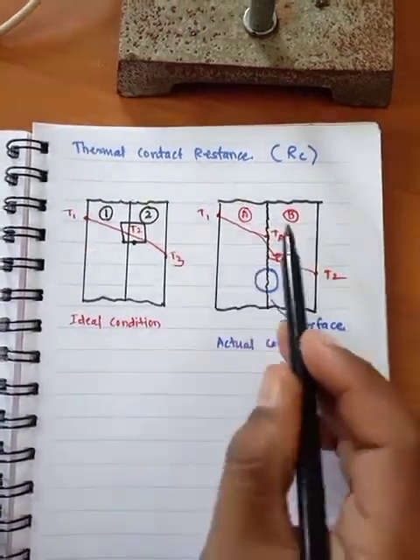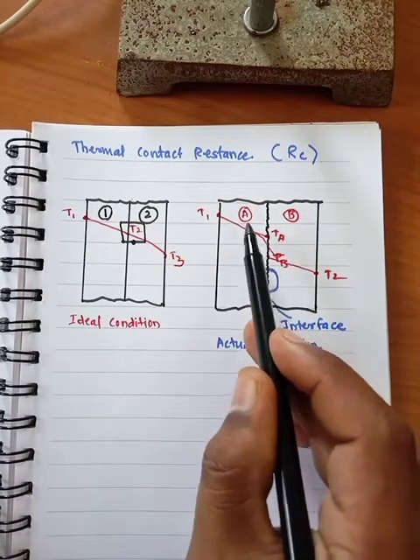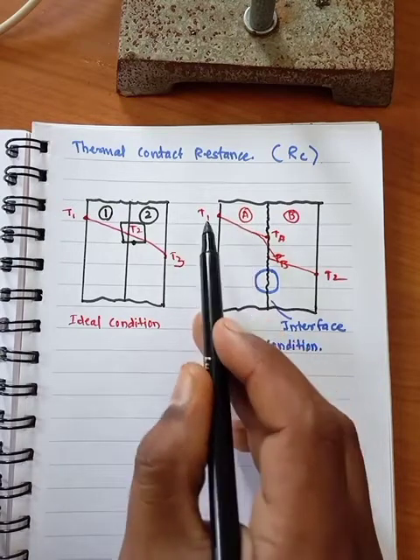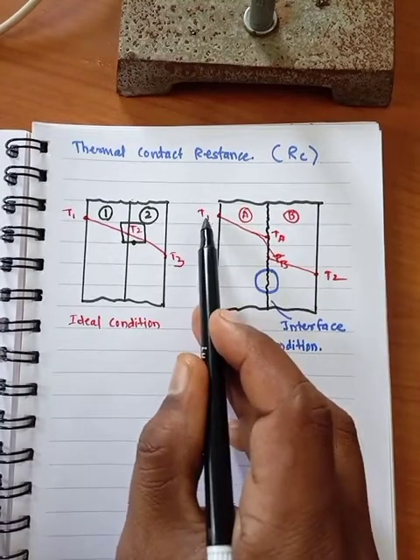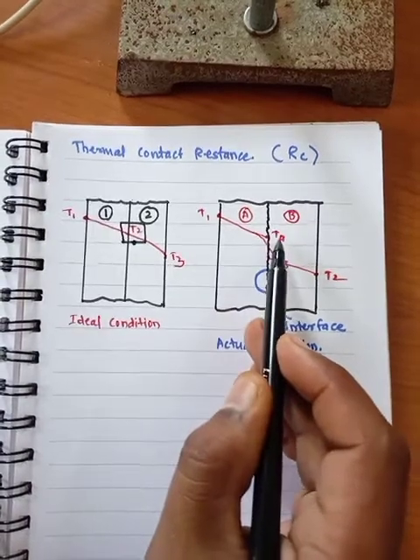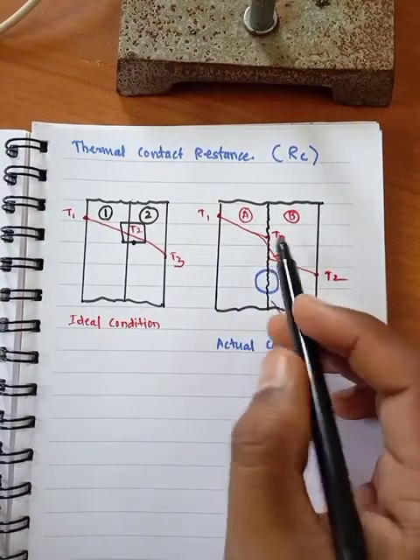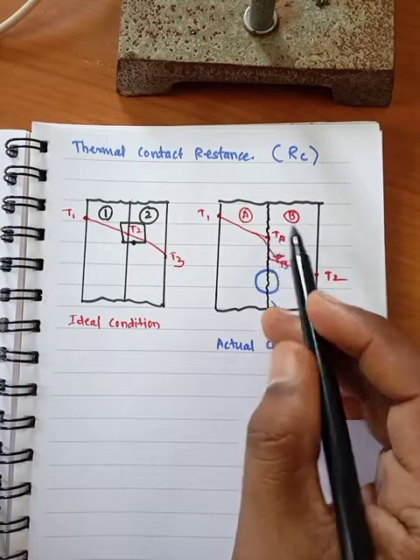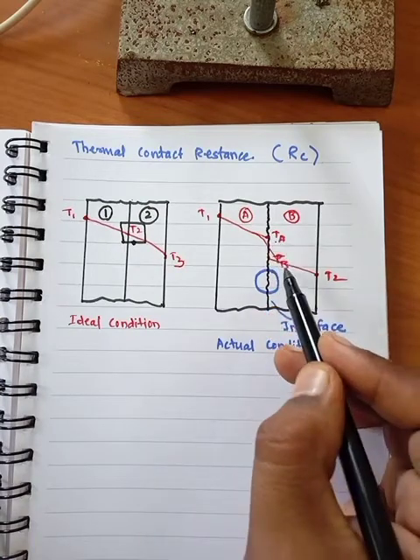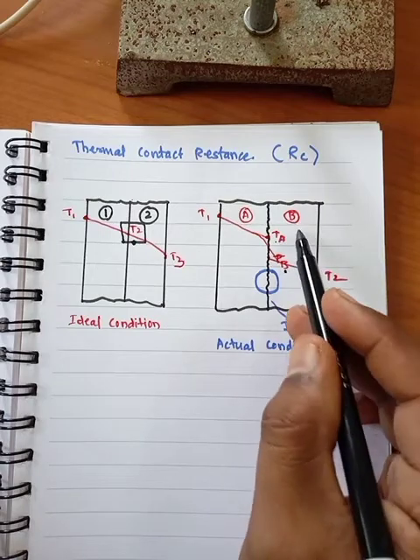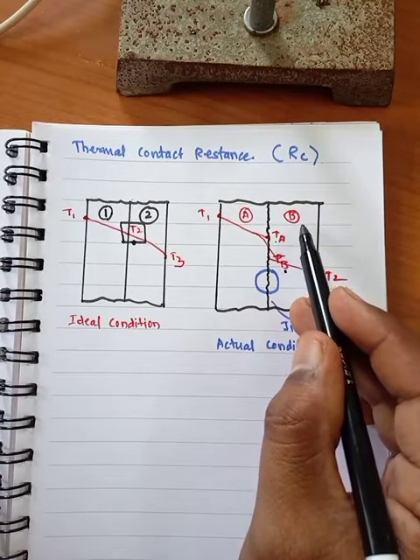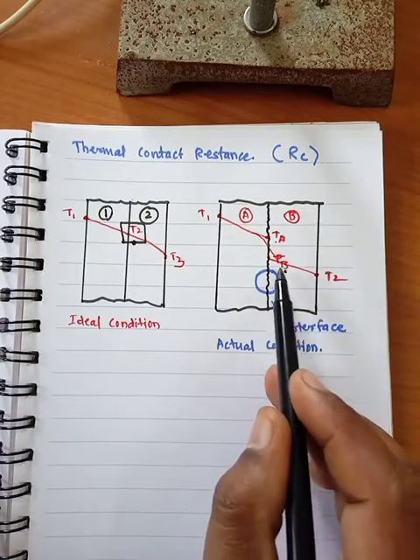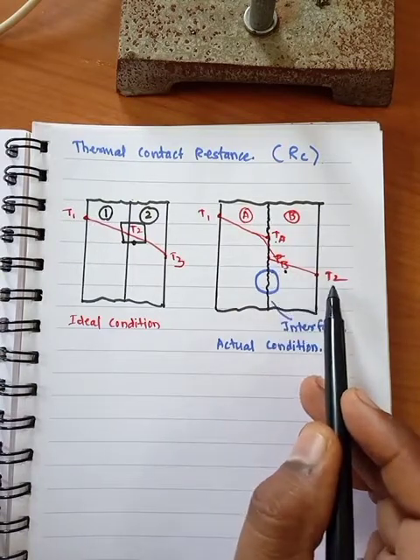We have considered here the two materials as A and B. Due to the thermal resistance offered by material A, the temperature will be reduced from T1 to TA, and at the interface, due to the surface roughness, the temperature will be reduced from TA to TB, and lastly, due to the resistance offered by material B, the temperature will be reduced from TB to T2 again.